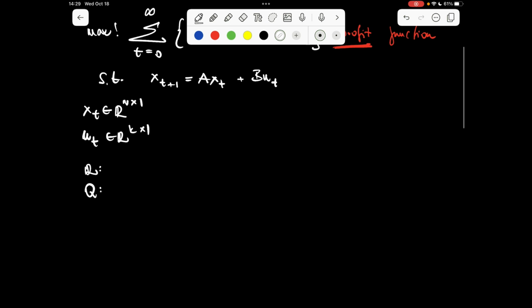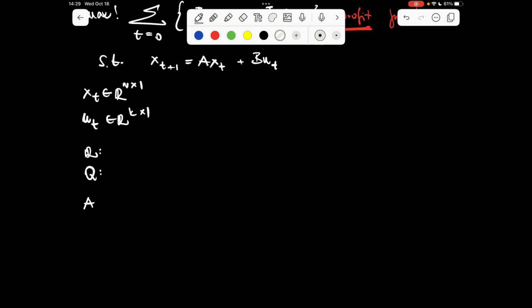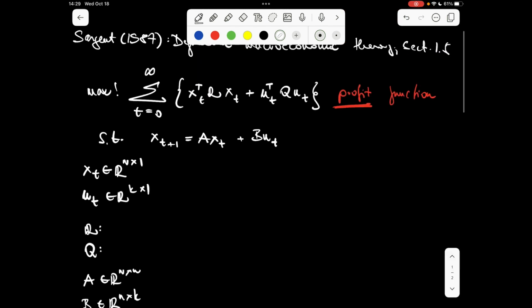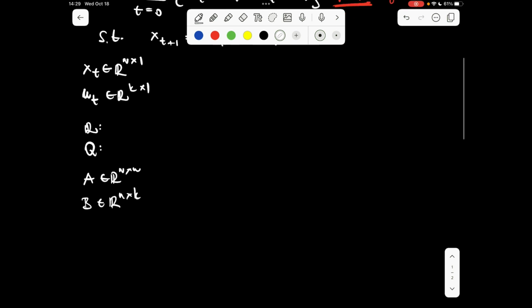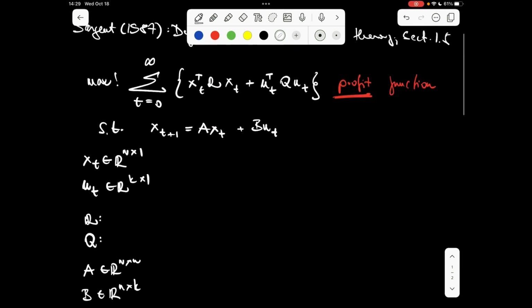Okay, A is an NN matrix and B is an NK matrix. R and Q are appropriate matrices, so we can know their dimensions.